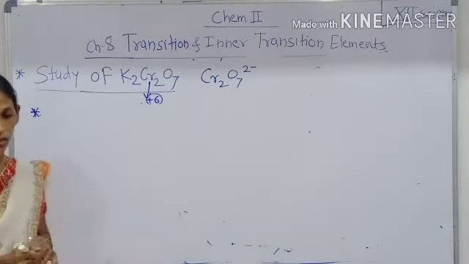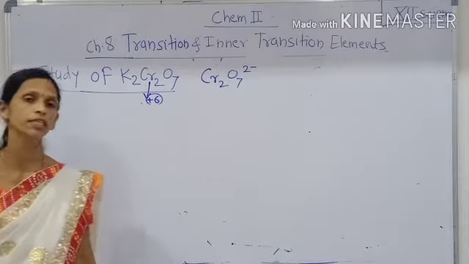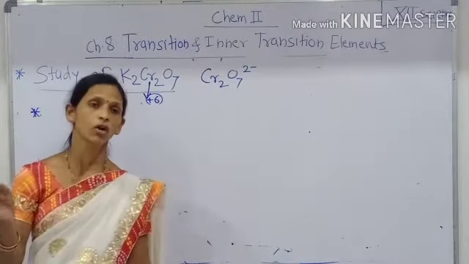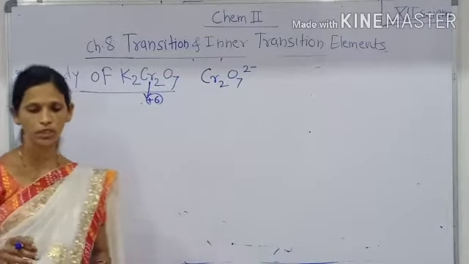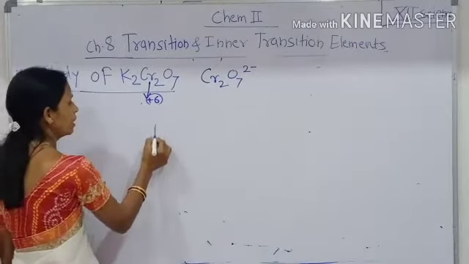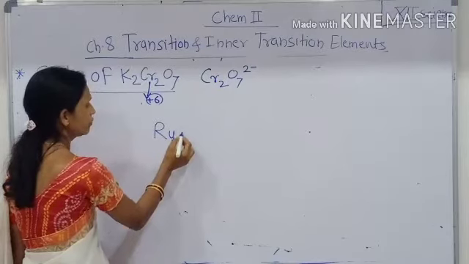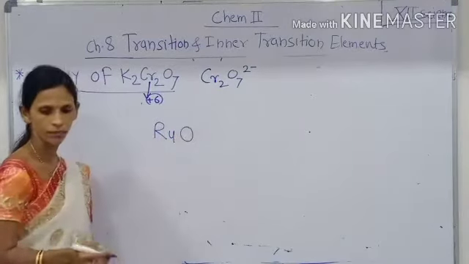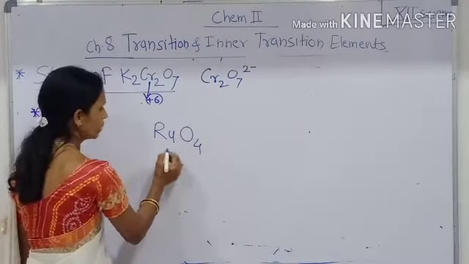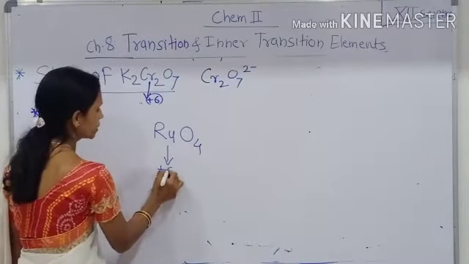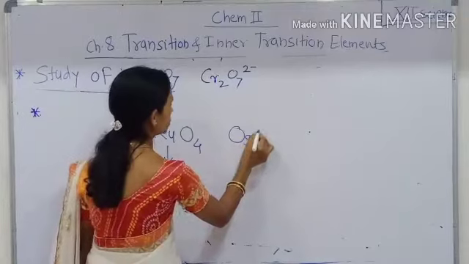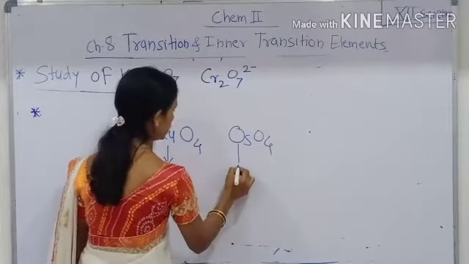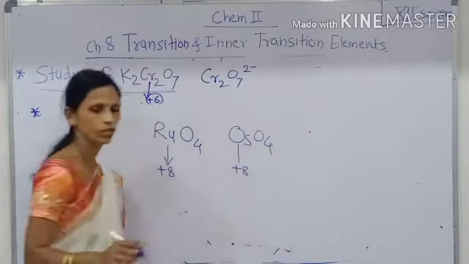The elements present in the second, third or fourth transition series form the most stable oxides. For example, ruthenium oxide, RuO4, in which ruthenium possesses +8 oxidation state, and osmium oxide, which also has +8 oxidation state.